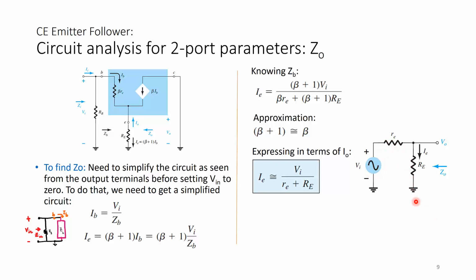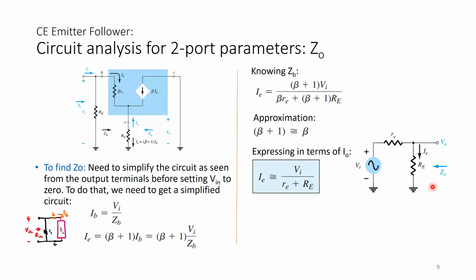Doing KVL around here, I get minus Vin equals IE re plus IE small signal re plus IE times emitter resistor RE. Now, why do I want to have it simplified here?